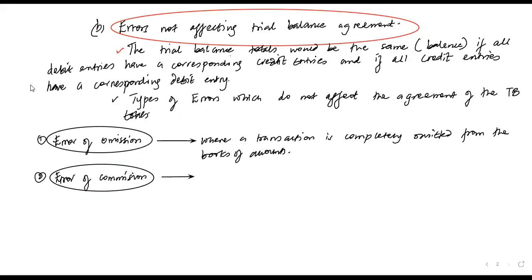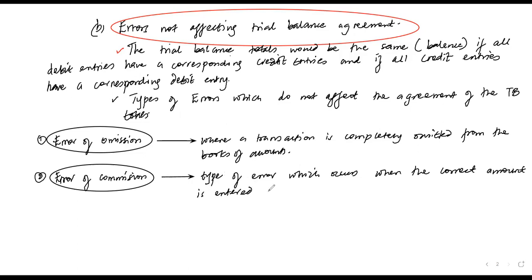When we talk about an error of commission, this is the type of error which occurs when the correct amount is entered, but in a wrong personal account.